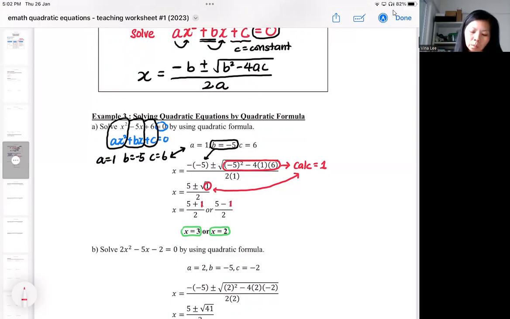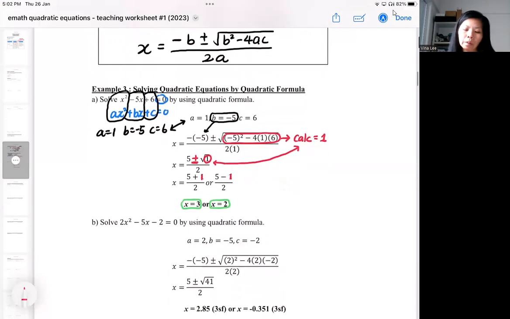That's where I split into two answers: 5 plus 1 and 5 minus 1, over 2. And that's how I got the two answers. I have this habit of not pressing everything together, so it helps to minimize careless mistakes.